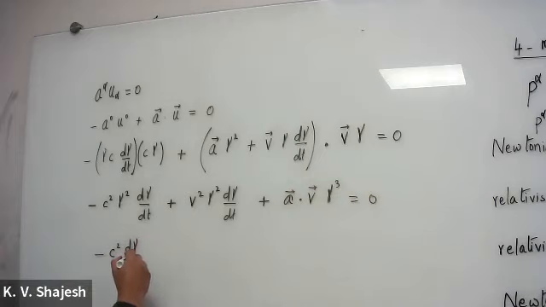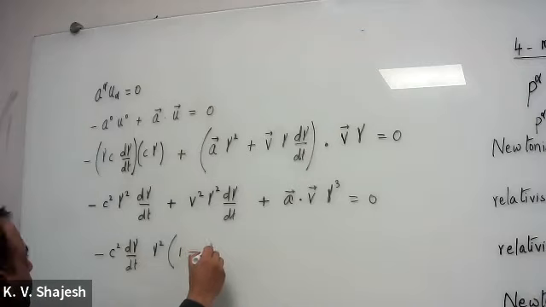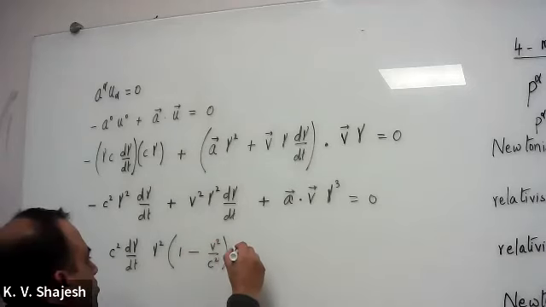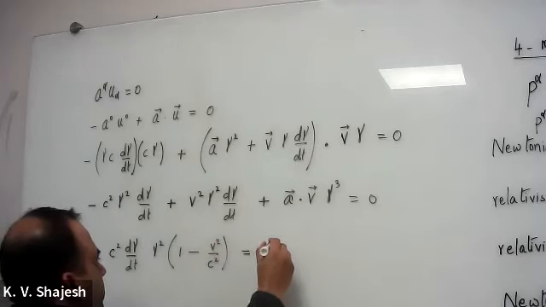Let me take a gamma squared also out. So that's 1 minus V squared over C squared, and use the minus sign to move the other quantity to the left.